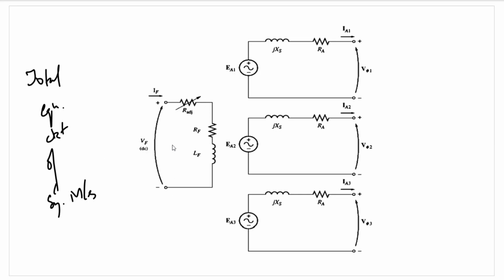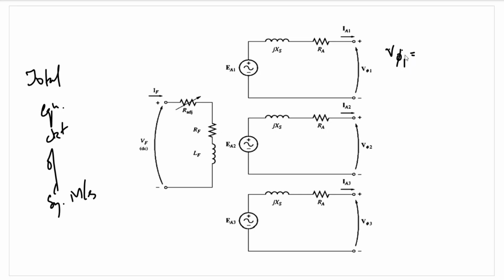There is only one rotor winding, which is linked with all the three phases of the secondary, that is the armature side in this case. So this is the equivalent circuit, and accordingly we can draw the equations for a synchronous generator.